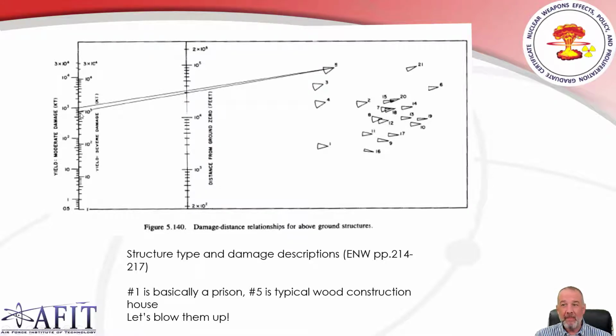If we take that same approach with the severe damage line, again at the 1 megaton, and also trace it into the vertex of the cone, we find out that severe damage actually happens at about 30,000 feet from ground zero. So everything up to 30,000 feet is severe damage, and then you have moderate damage from 30,000 to 32,000, and then it just falls off after that.